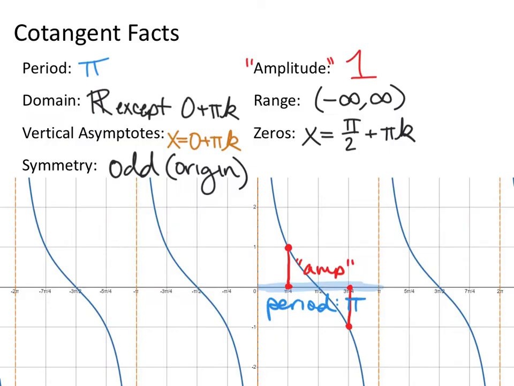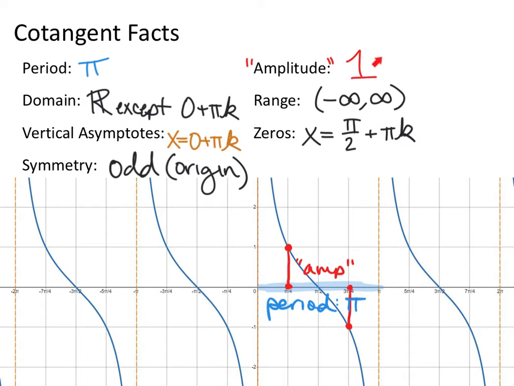So some of the facts about cotangent: the period, again, just like tangent, is just pi, because it takes just pi distance along the x-axis for my function to start repeating, for it to complete one period. The amplitude, in air quotes, the y-coordinates that we can plot, is 1.